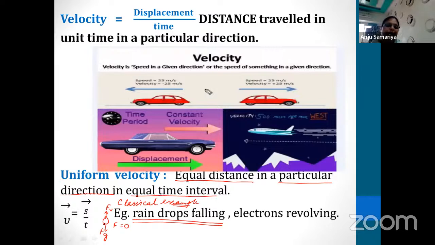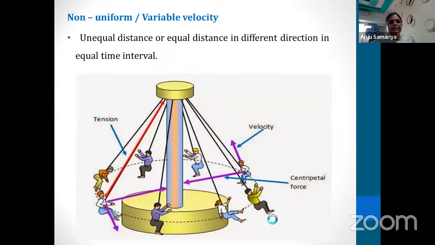And so it comes with its uniform velocity. Clear? Yes. Electrons revolving, they are also at uniform velocity. Okay, uniform velocity. So these are the classical examples.